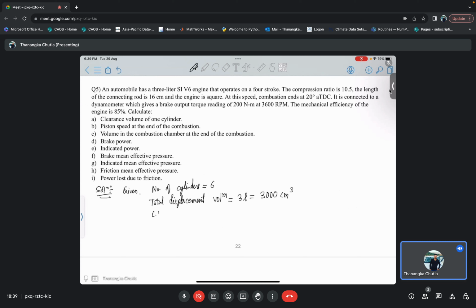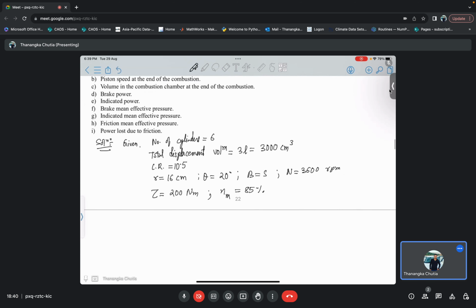Okay, compression ratio is 10.5, length of the connecting rod 16 centimeter, theta 20 degree, B is equal to S, and N is equal to 3600 RPM. So what are the new things that are given? Torque tau is equal to 200 Newton into meter, and eta mechanical efficiency is given to us as 85%.